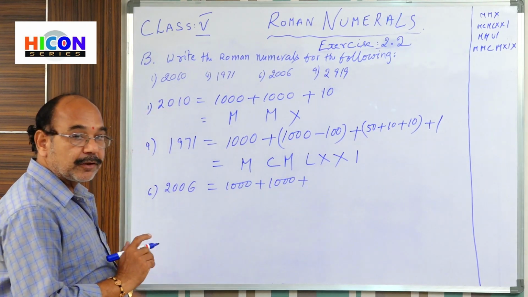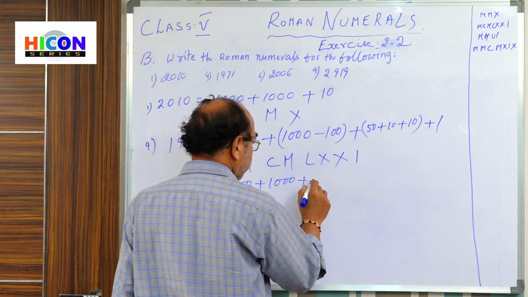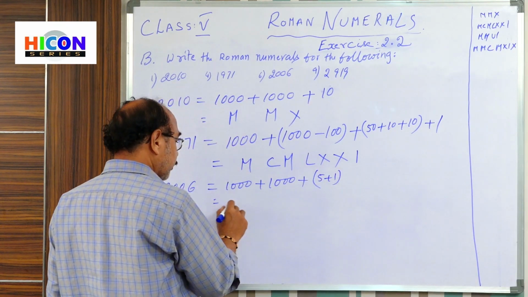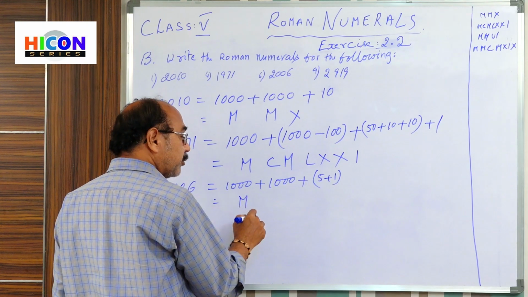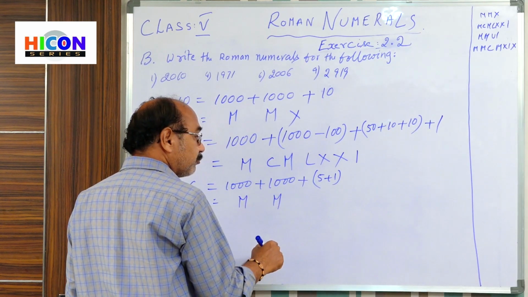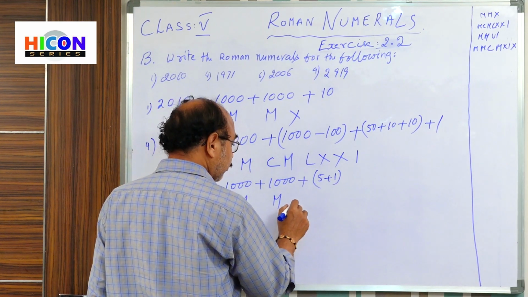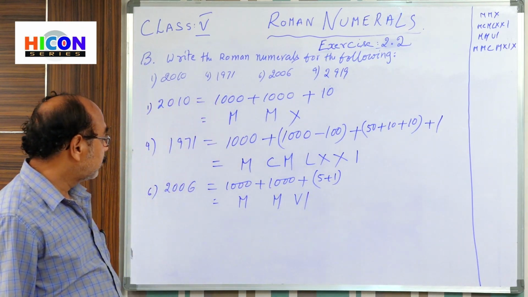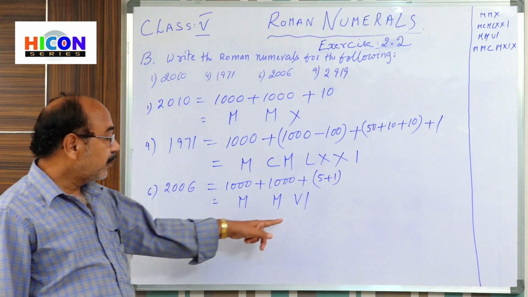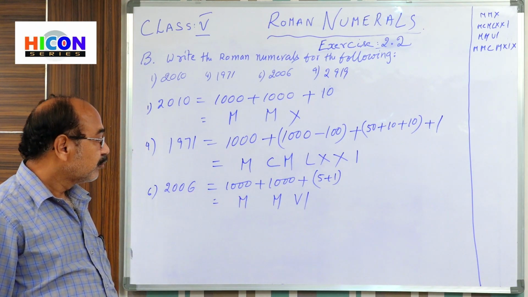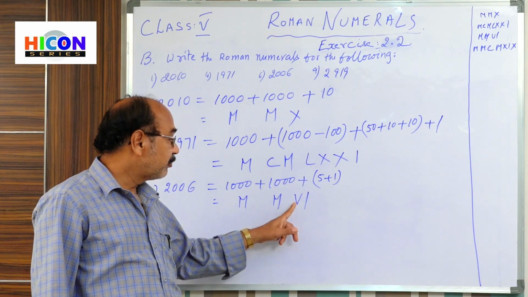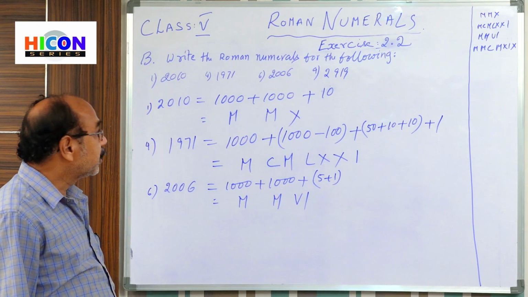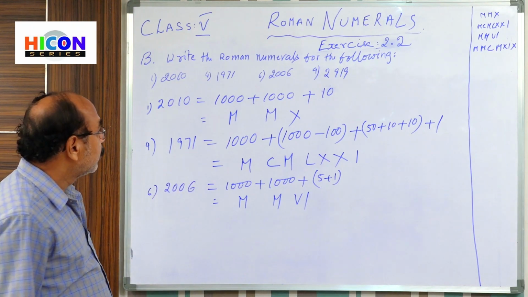Now 6 is there. 6 means 5 plus 1. So M for 1000, M for 1000, and for 6, 5 plus 1, that means V for 5 and I for 1. So that is 2006.